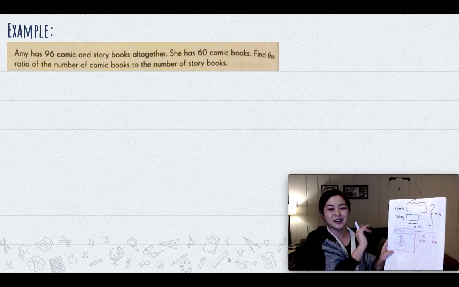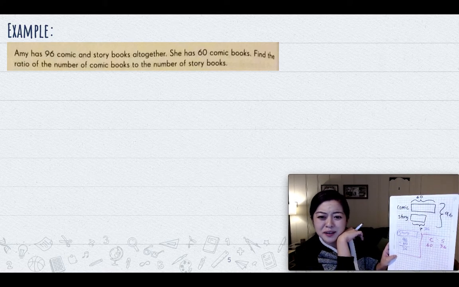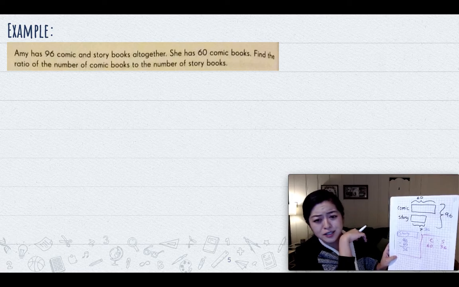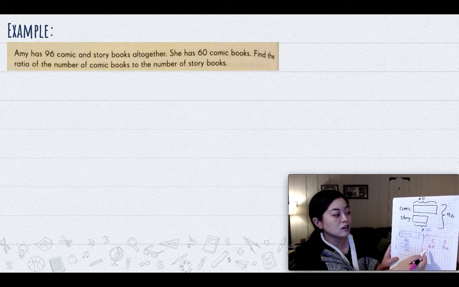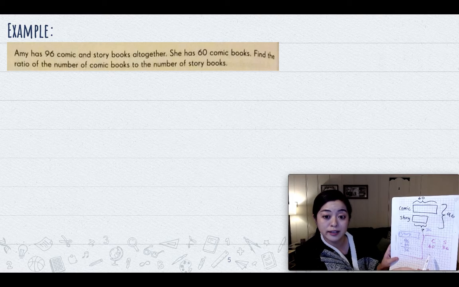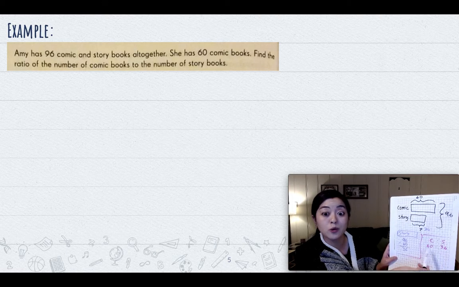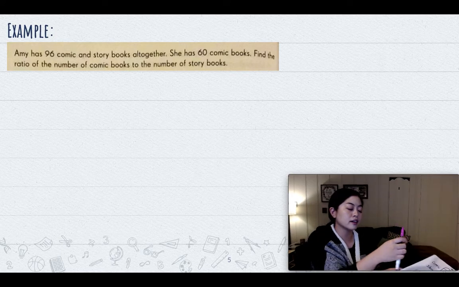But wait, I'm not done, am I? With ratios, just like with fractions, it's customary to always write it in simplest form. So I should use division. I have to find a common factor or the greatest common factor and divide my first term by that and my second term by that.